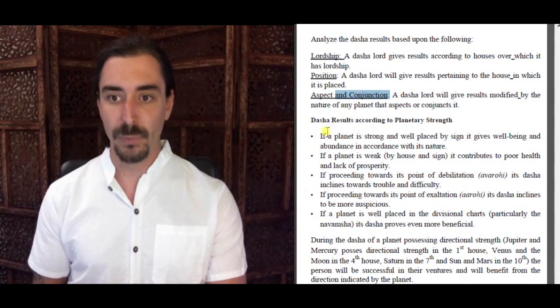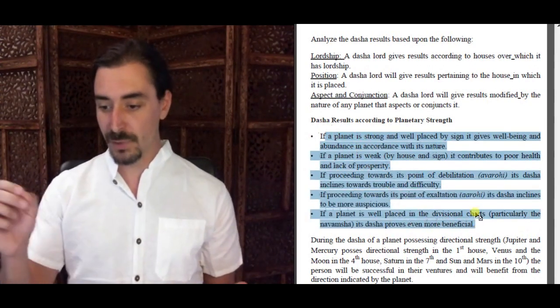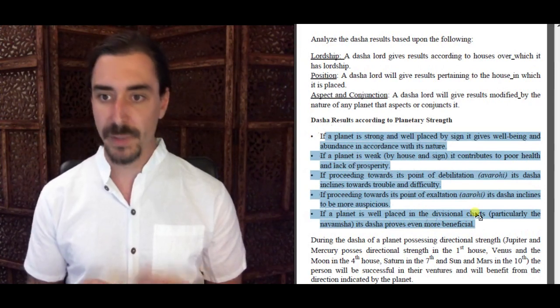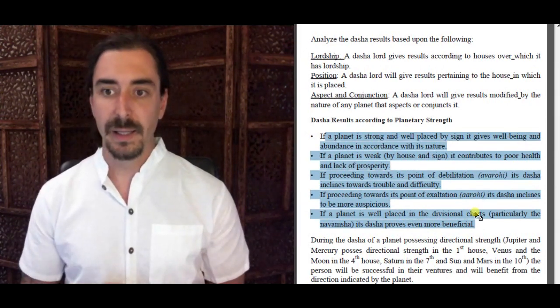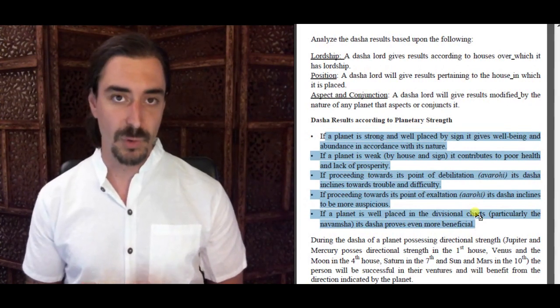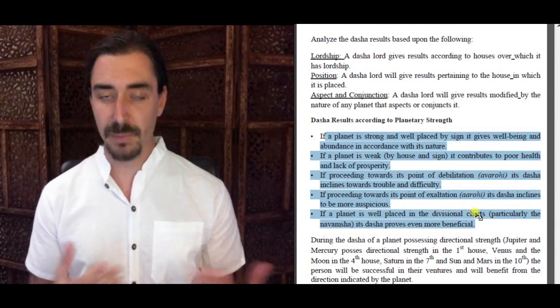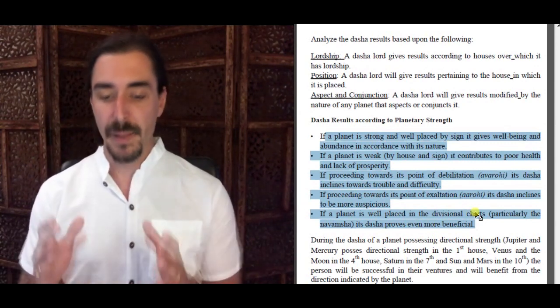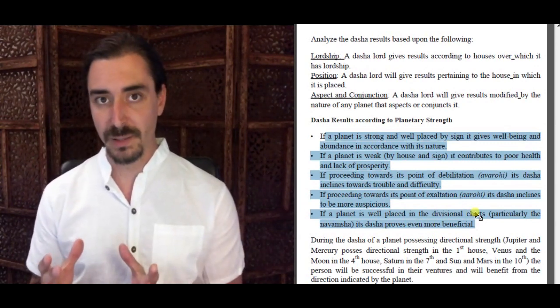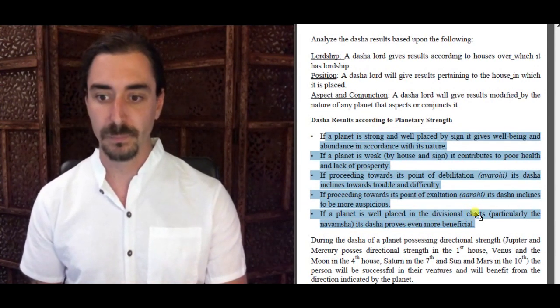And you look through the results of planetary strength as listed here. At the end, you can add pluses and minuses. If it has planetary strength, give it a plus. If it's in a good position, give it a plus. If it's lord over a trine or an angle, give it a plus. If it's in bad positions, if it's the opposite, give it a minus, and then add those up at the end, and that will give you a better sense of how well this planet is going to work during the particular dasha.